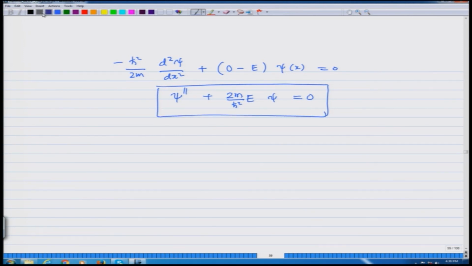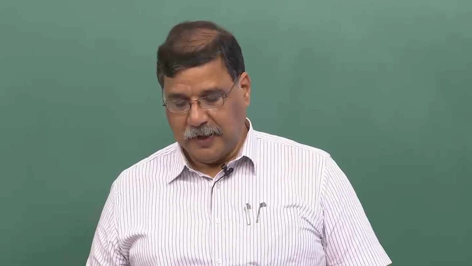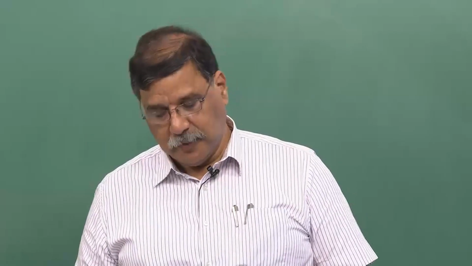Now, I am claiming that E should be greater than 0, and it is less than 0 for a bound state. The question I will leave you with is, why is E less than 0 not possible? You look through the solution of the equation and try to satisfy the conditions that are to be satisfied by the wave function, and you will find why E less than 0 is not possible.